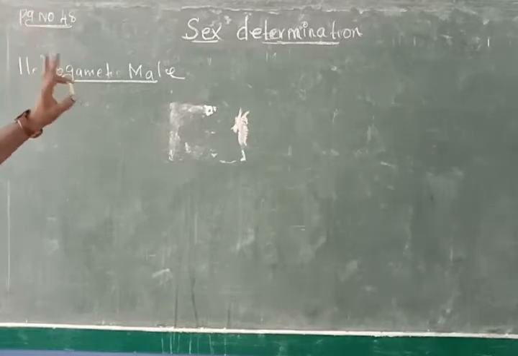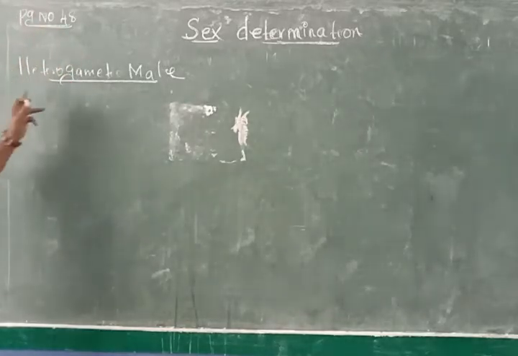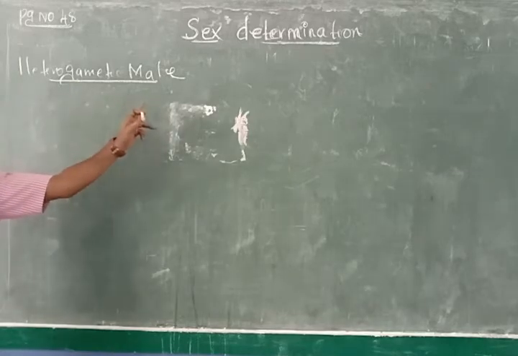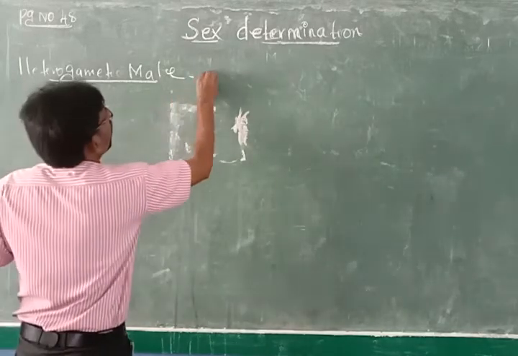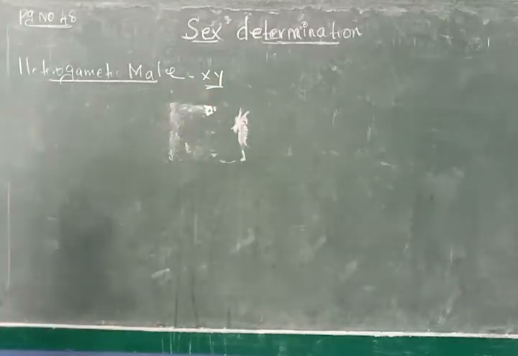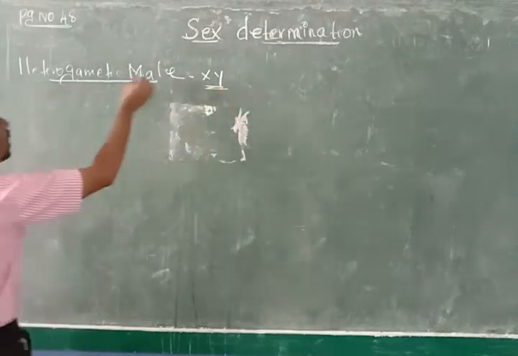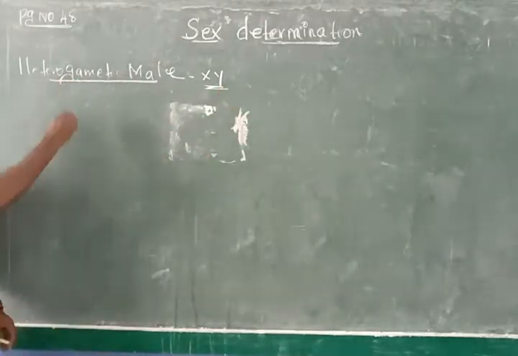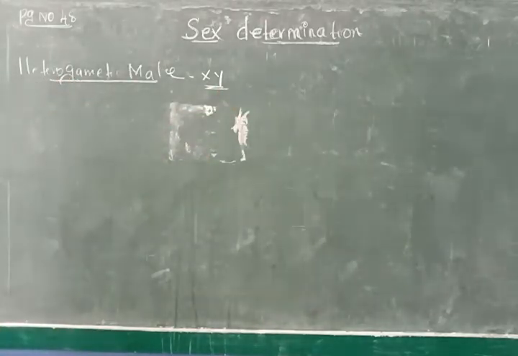In Drosophila as well as in human beings, the heterogametic male decides the sex, with XY chromosomes. If it is XO, there are different characteristics. So the XY system of sex determination applies to humans as well as Drosophila.